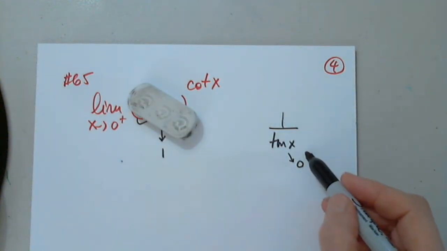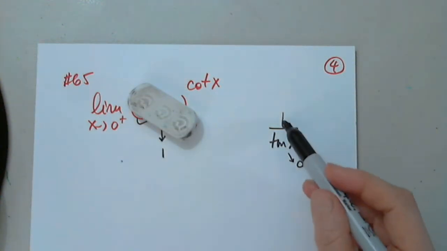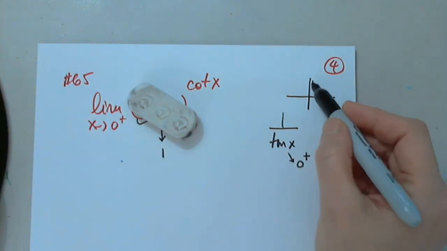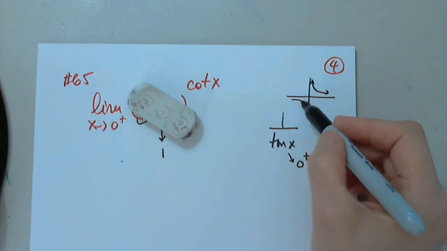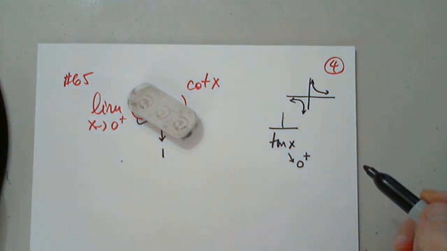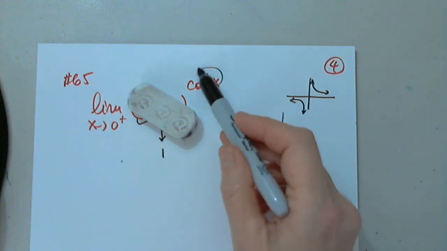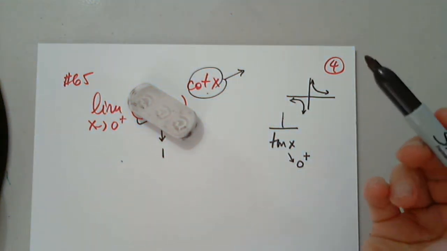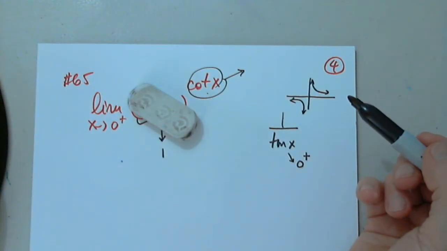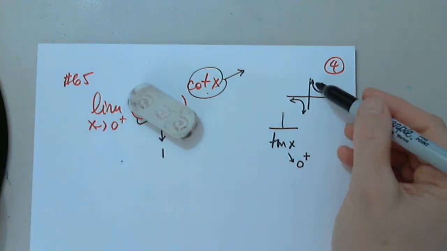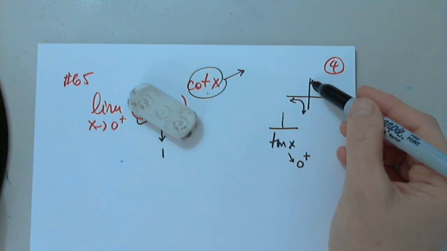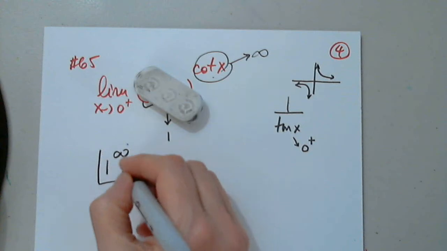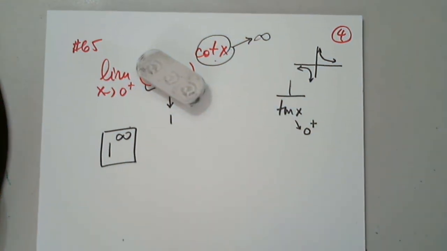And I have 1 over 0 from the right, positive. 1 over 0. Remember the graph? We just talked about it. 1 over x. Where is this going? Positive infinity? Yep. So the indeterminate case is another cumbersome situation.